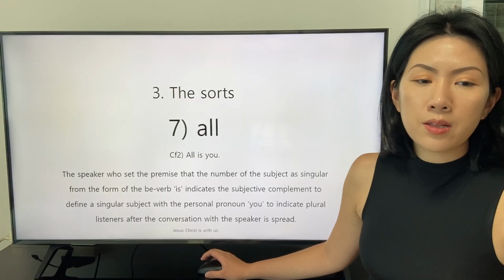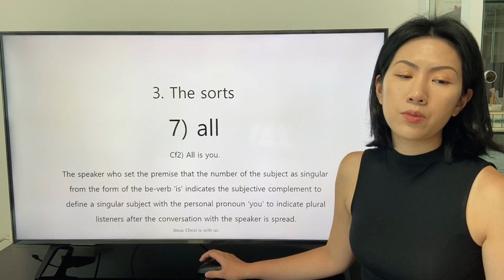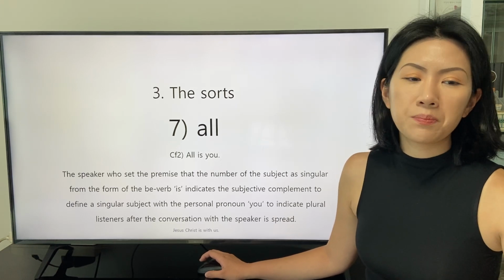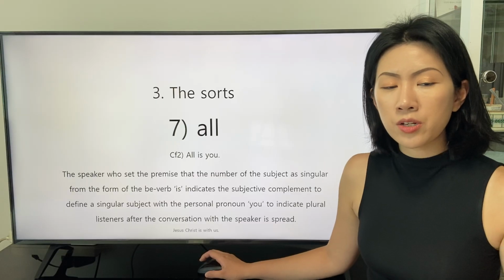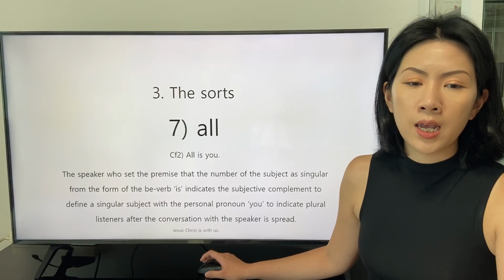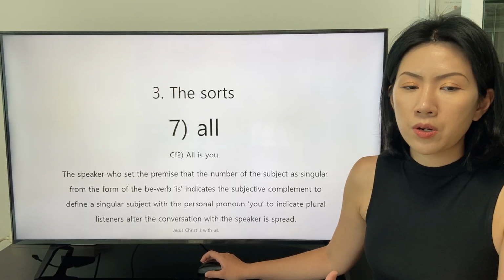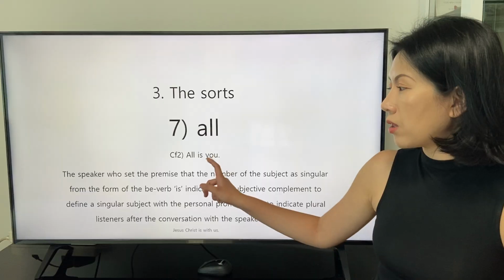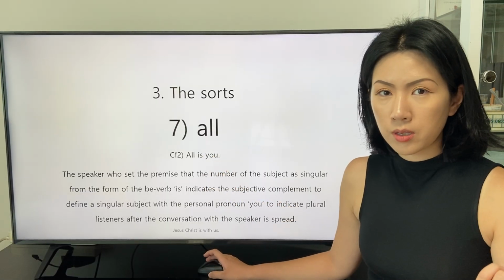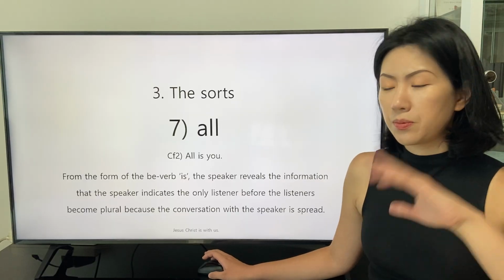The speaker who set the premise that the subject is singular from the form of the be verb is indicates the subjective complement to define a singular subject with the personal pronoun you, to indicate plural listeners after the conversation with the speaker is spread, or the pronoun you can indicate a singular listener before the conversation is spread.